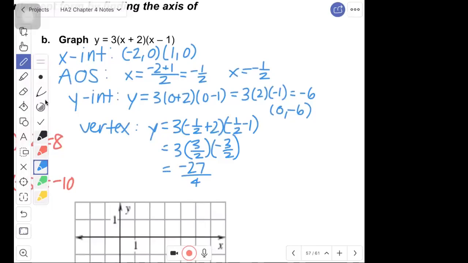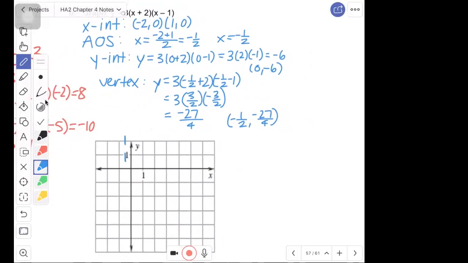That's the fraction form. So then our vertex is (-1/2, -27/4). It would be beneficial for you to get a decimal so that you can see where to plot it. That's going to be a little bit over 6.